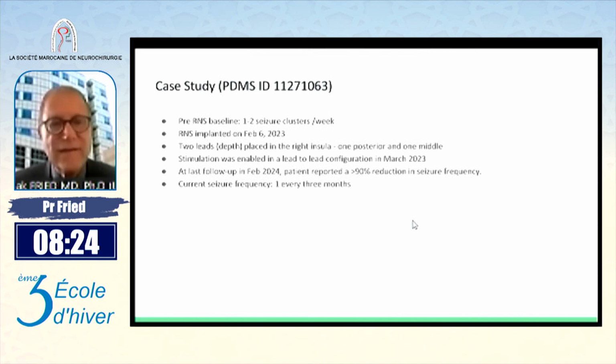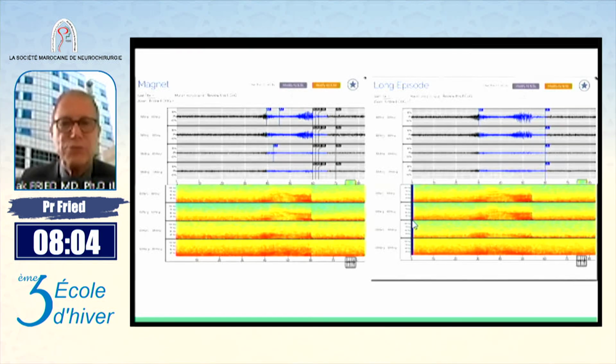As of the last follow-up, the patient reported greater than 90% reduction in seizure frequency. So it's one every 3 months. Remember, this is a patient who had 20 to 30 seizures a month. So obviously for this patient, this is really a major improvement.